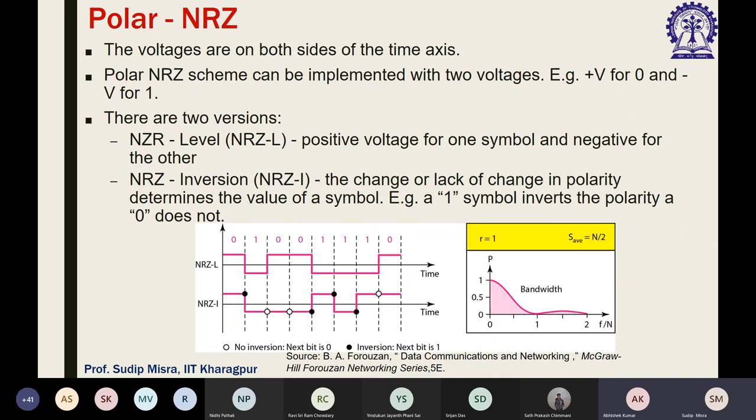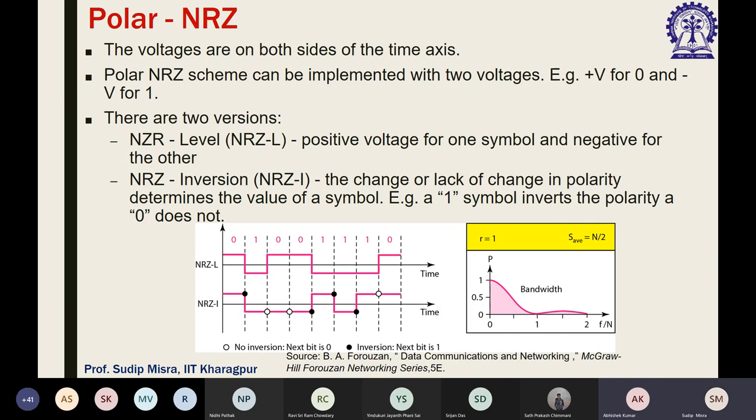Okay. So this can be classified into two types. There are two versions of it. One is called the NRZ-L, and the other one is called the NRZ-I. NRZ-L corresponds to non-return to zero level, and the NRZ-I basically corresponds to non-return to zero inversion.